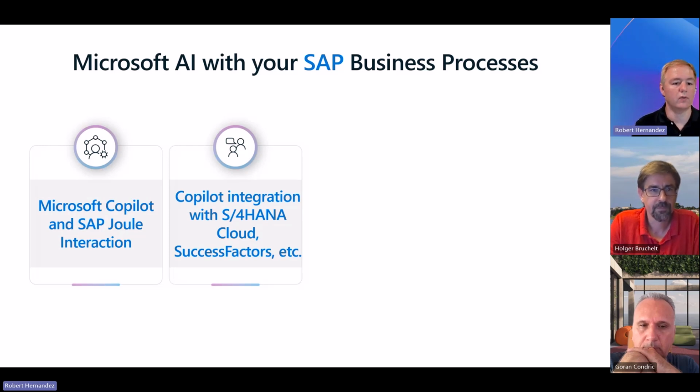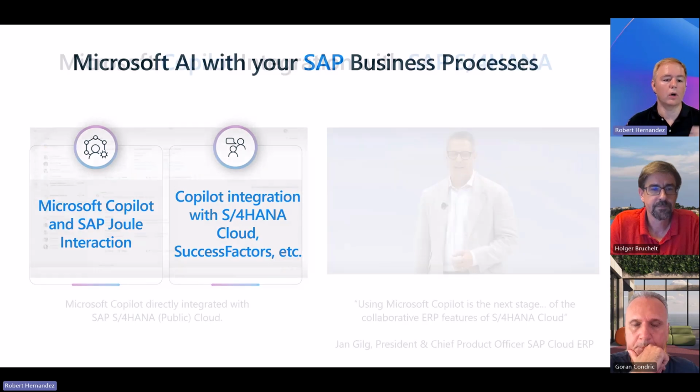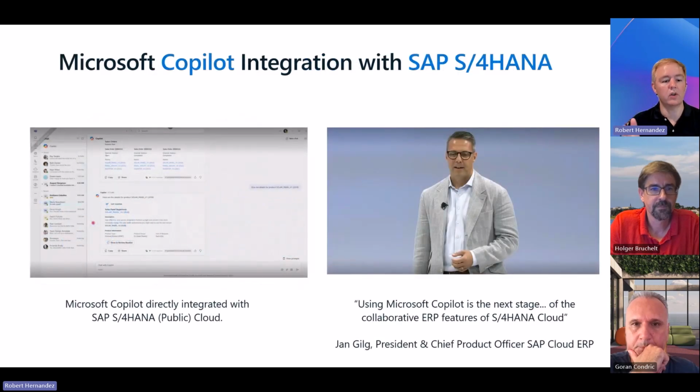So if you have the S4 public cloud version, I believe that just released last week. So now you can connect your S4 to Copilot for standard scenarios. This also was announced back at Sapphire. That was announced 2 months ago, and is now out and available for customers in a restricted release right now.